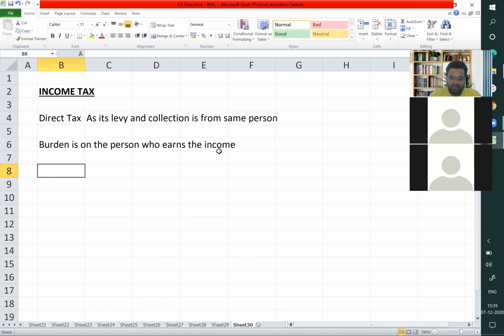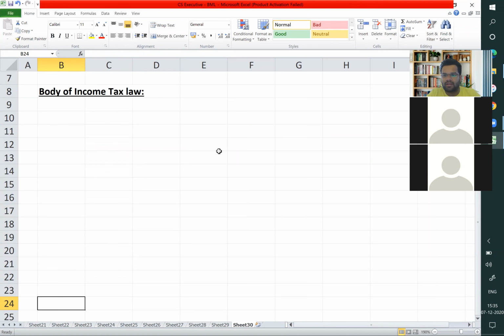Now understand what is the body of income tax law. You may have seen the body of GST. What was the body of GST? It was the CGST Act, SGST Act, UTGST Act, IGST Act, GST Compensation to States Act, notifications issued by government, circulars, correct?